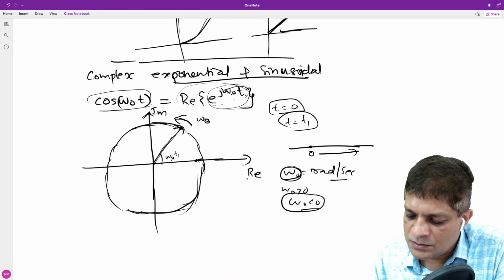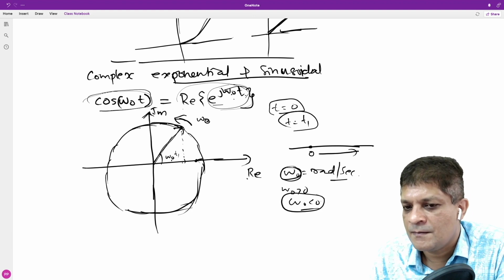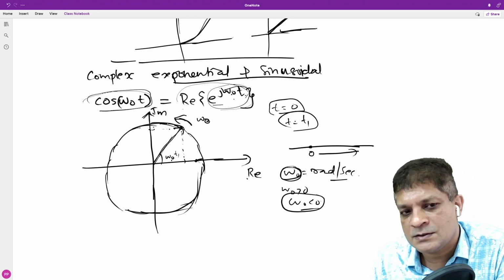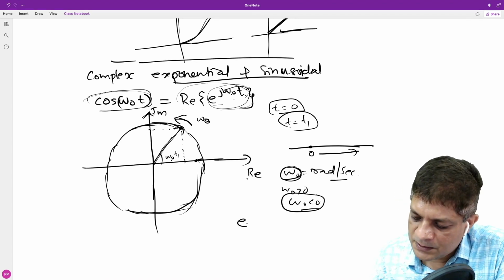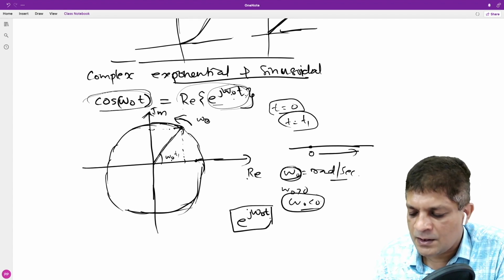Now, what is this cos omega naught t? Is it the projection onto the real axis? Yes. It is the projection onto the real axis, and projection onto the imaginary axis is sine. Okay. So this is the phasor representation of complex exponential signal e to the power j omega naught t.